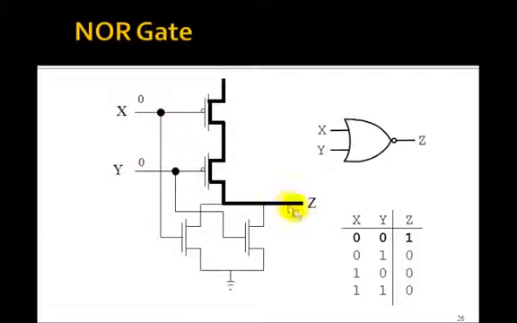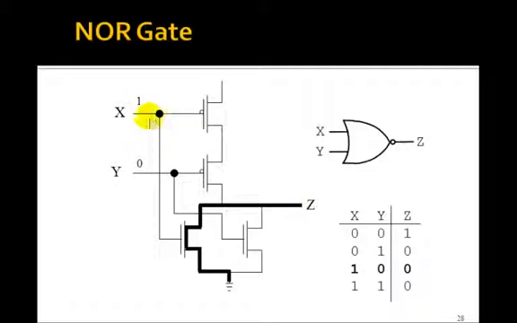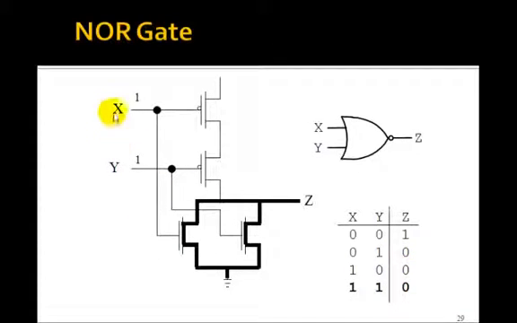If they're both 0, then both of these PMOS ones are closed, and we're connected up to 5 volts, gives you a 1. However, if either one is a 1, if this is a 1, it's going to close this one, goes to 0. If X is a 1, it'll close this NMOS one, goes to 0 or ground. And of course, if they're both 1, they go to ground. So this is a NOR gate, which is 1 only if both inputs are 0.